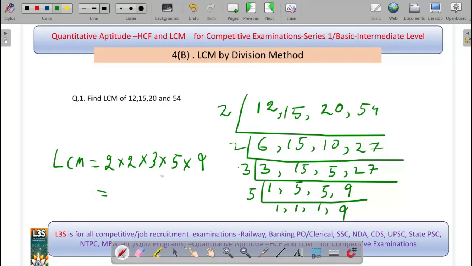So 12 into 45, and we'll get 540. So this will be the answer.